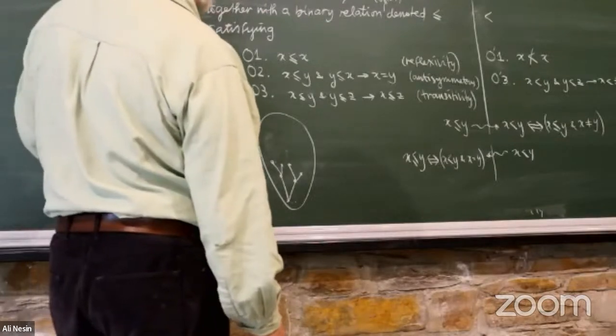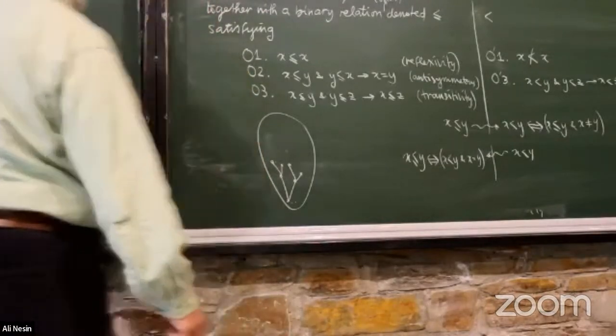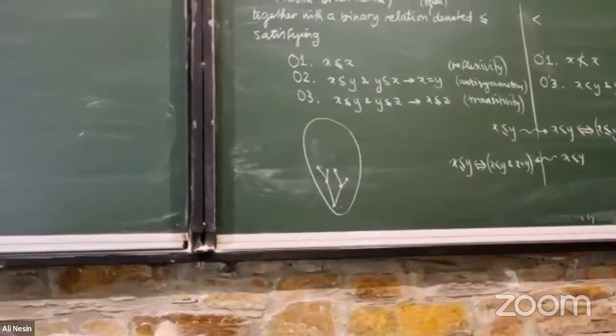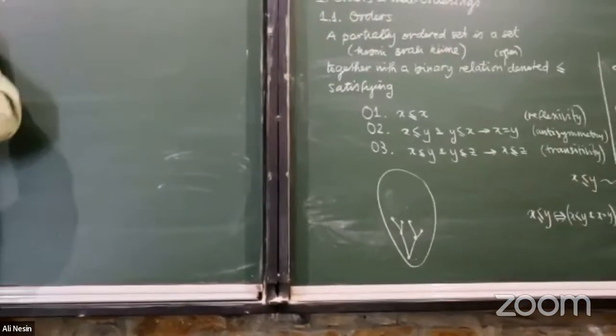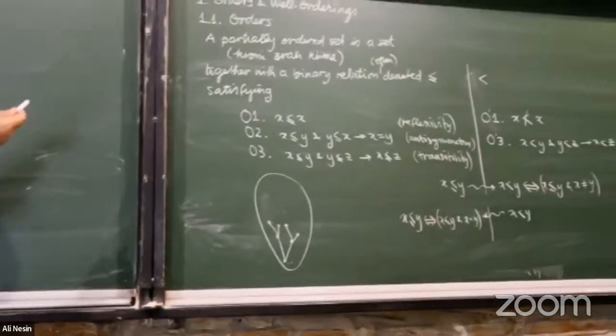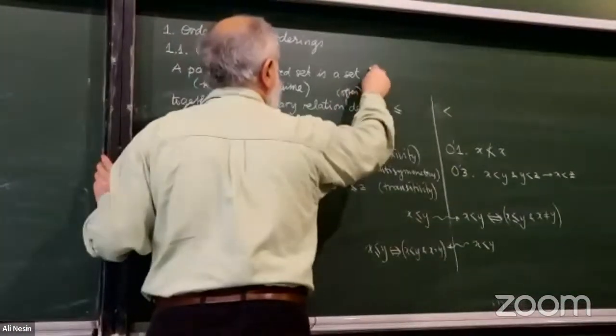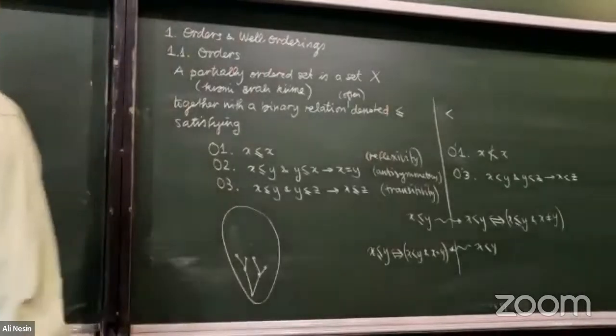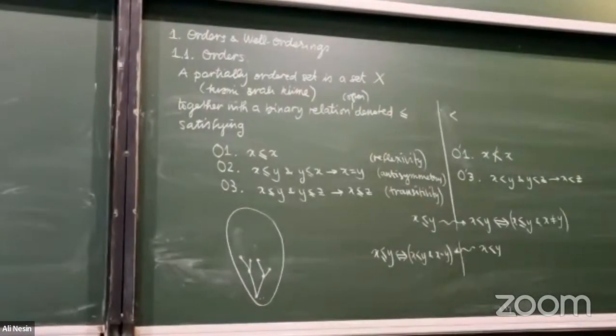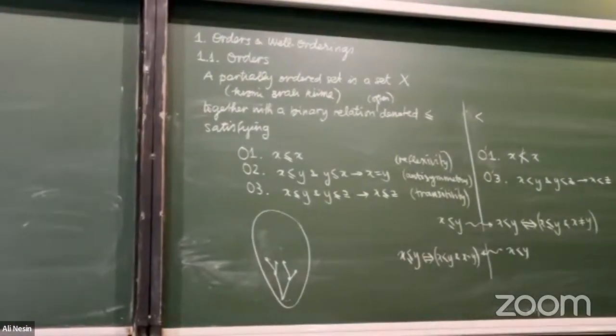Let me give examples of partial orders. You can take X to be a set X. You can take X to be Z with the natural order.